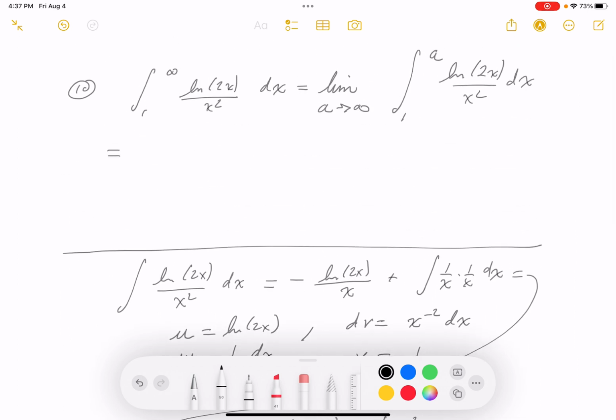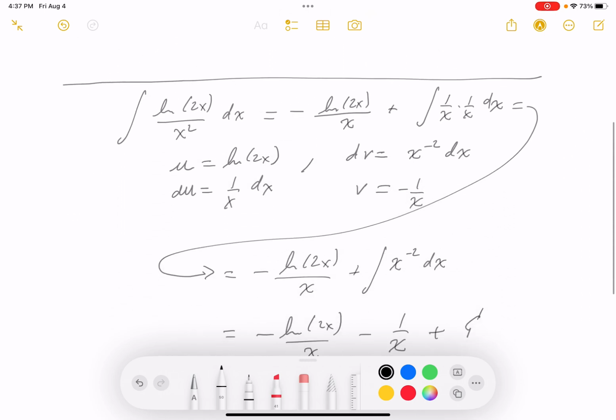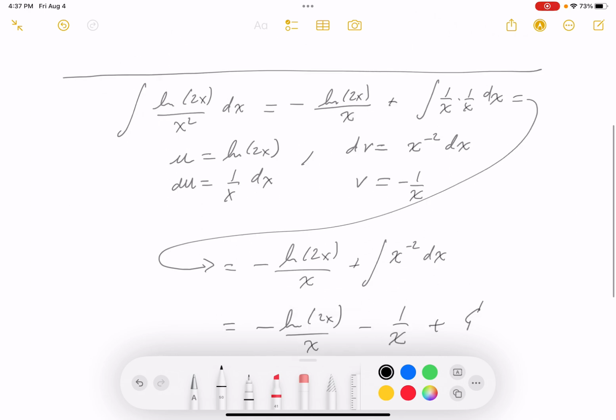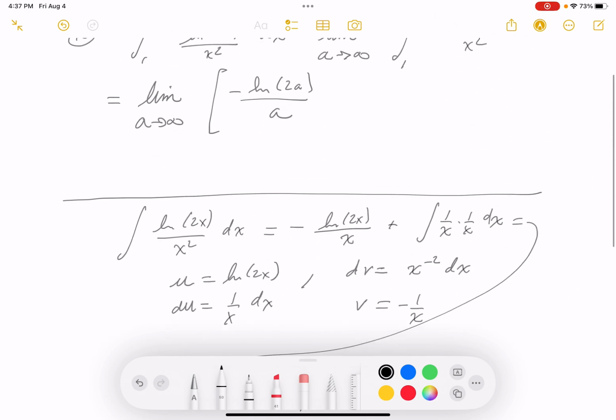So it's going to be the limit as a goes to infinity. I just did a bunch of work, and I'm going to pop in an a now. So minus ln 2a over a. I'm just popping the number in, right? Minus 1 over a. That's the upper limit.